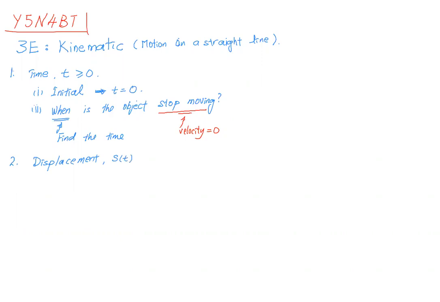Displacement S means how far the object is from a fixed point on the straight line. And this fixed point, we always call it the origin.